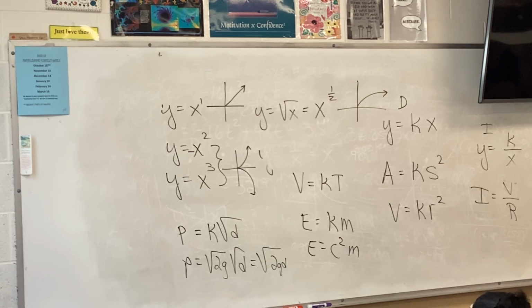C is a constant, so that means C is a regular number, like 5. What then is my variable? If C is a constant, then my variable has to be M, and the power on M is 1. So it's a power function. M is your variable, 1 is your power, and your constant of variation is C squared.